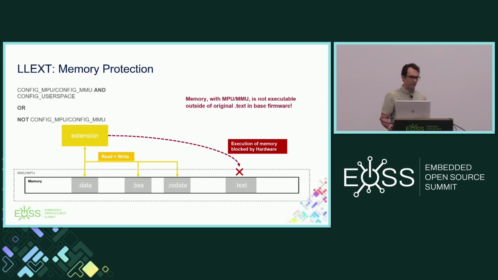What's going to happen by default is there's going to be an exception because that part of memory is not executable. So we can deal with that by either disabling memory protection entirely or enabling user space and doing a lot of what Daniel was talking about in his last talk, if you were here for user space, by setting up memory partitions in a memory domain. And part of that is you do get the option to set up memory permissions in terms of read, write, and execute.